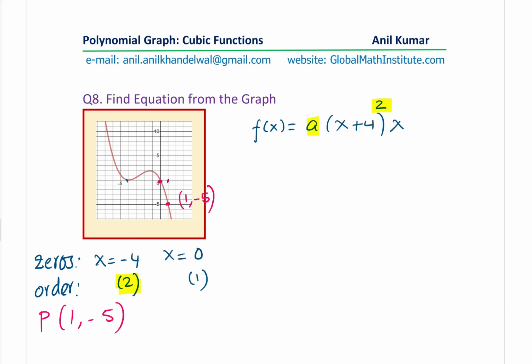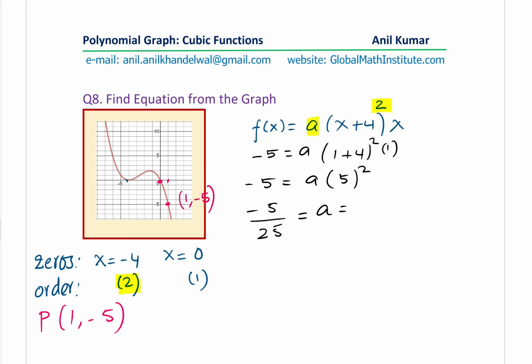It really means that for x equals 1, f of x is minus 5. So I'll write minus 5 for f of x, a, and 1 for x, and we'll calculate the value of a. So we get minus 5 equals a times 5 squared, or we can say minus 5 by 25, which is 5 squared, is the value of a, and that is minus 1 over 5. So that is how we get the value of a.